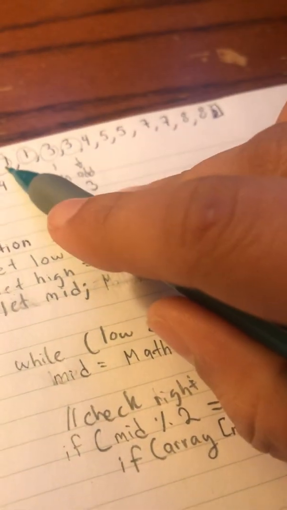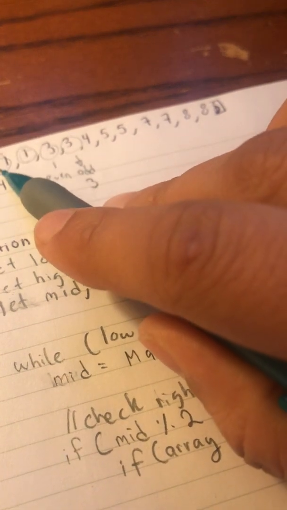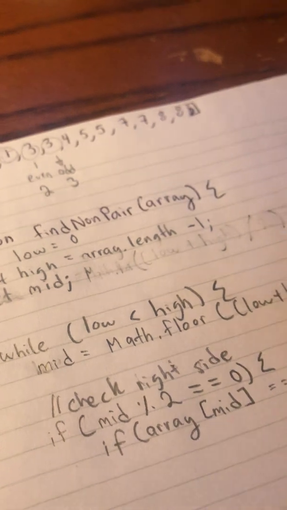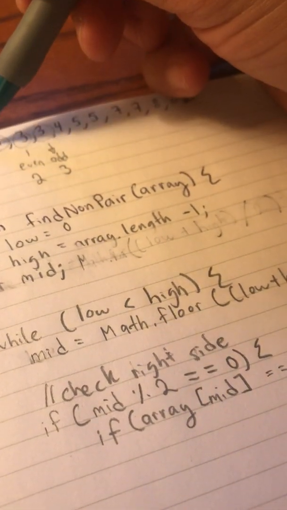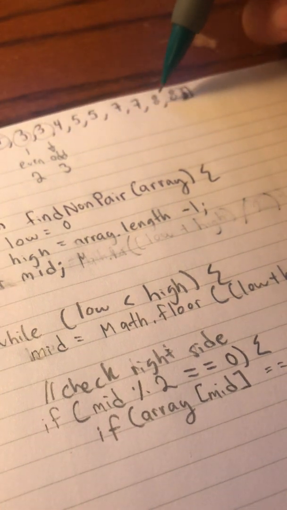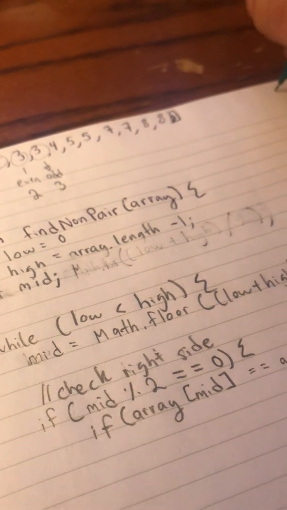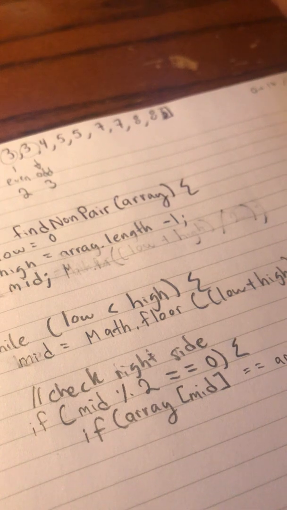So let's see, 0 plus our high, which is, what was our high? Our high we calculated by getting the length. 1, 2, 3, 4, 5, 6, 7, 8, 9, 10, 11. 11 minus 1 is 10. 10 plus 0 divided by 2 is 5.